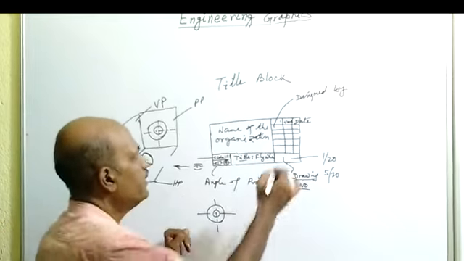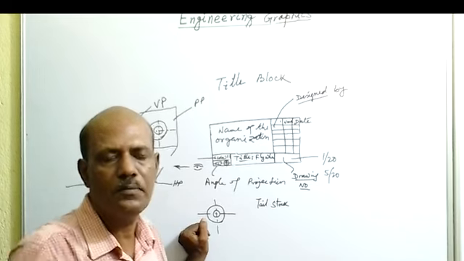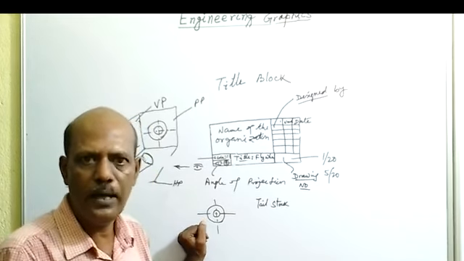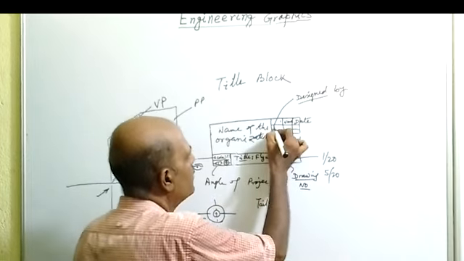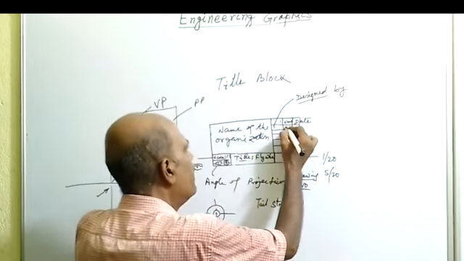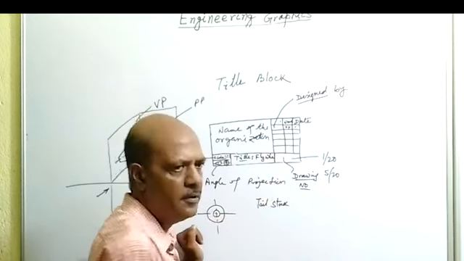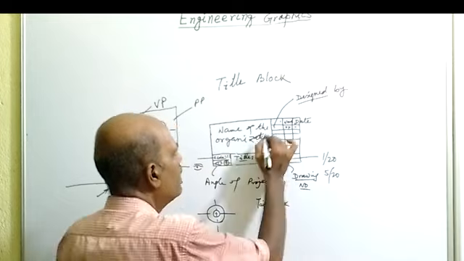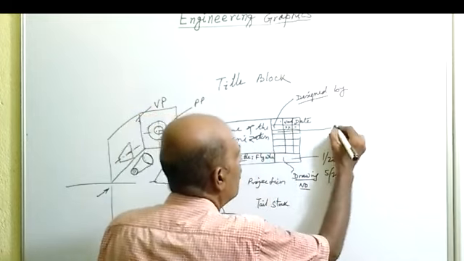So designed by is the person who has designed the component, who has given the specification so that it will work well in the application. The name of that person will be written here, and the date of design. Next, in this space will be written drawn by.